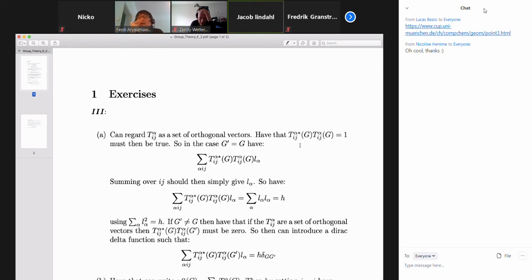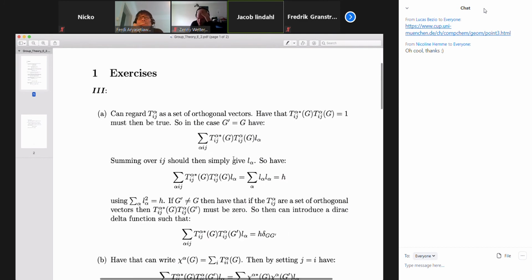In the case where you just have J times UTG, it's simply a sum over ij, which would give the dimensions of alpha. Then we get the sum over alpha of the dimension times alpha, and from our results the sum of the squared dimensions is h.